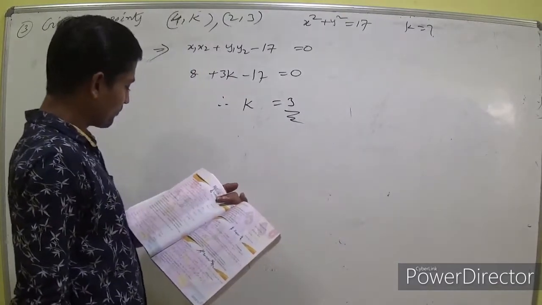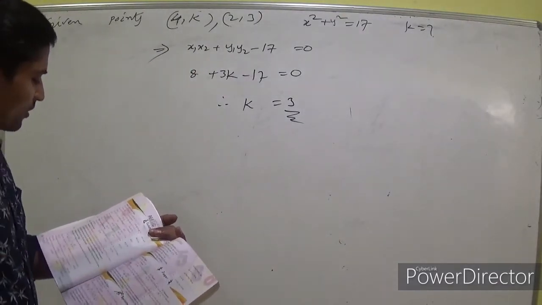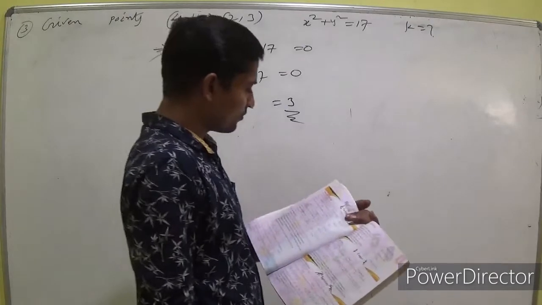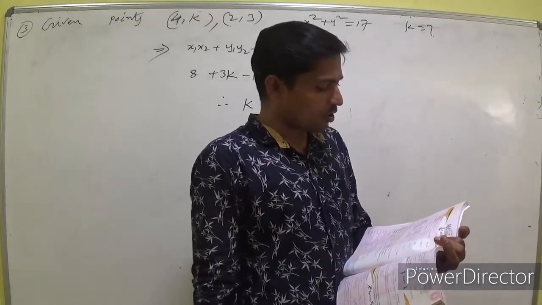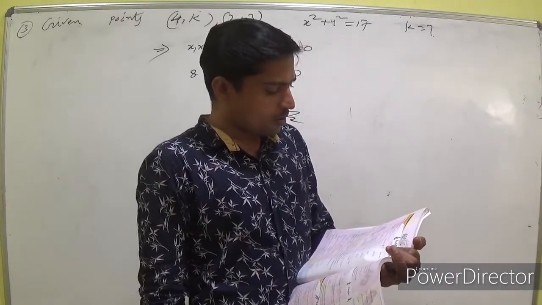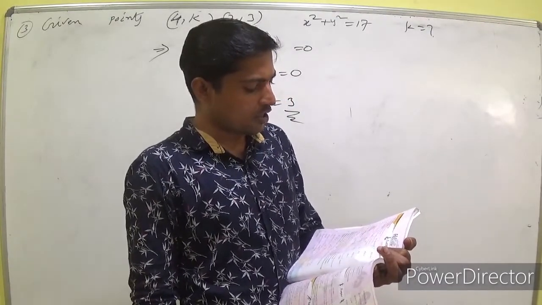Next one, the fourth one. The inverse point of minus 1 comma 1 with respect to the circle.